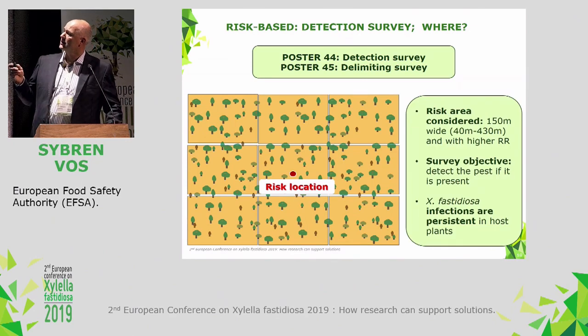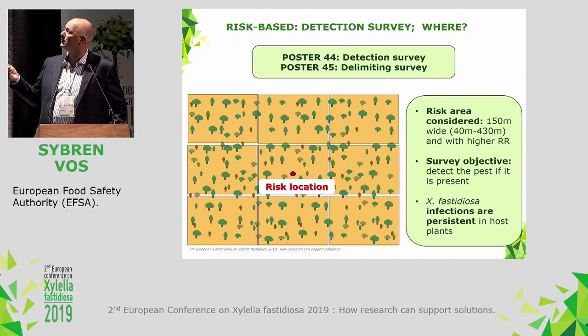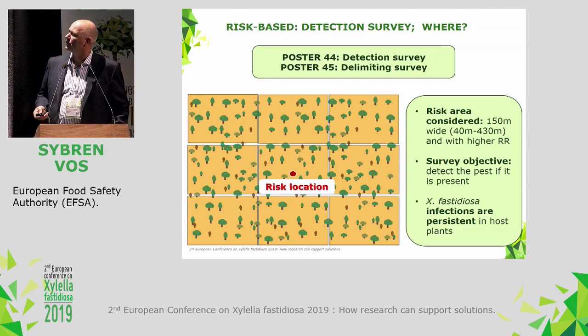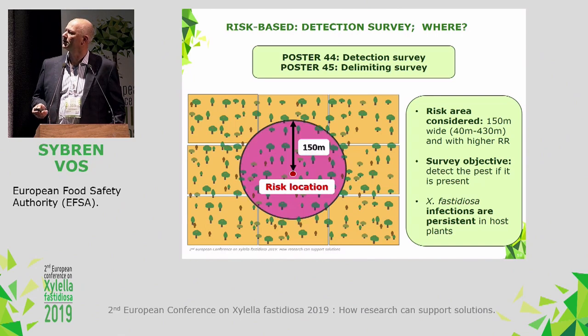Around this risk location, we have to define the risk area. The risk area we can consider for a detection survey is 150 meters, because that would be the median, according to the PRA, fitted to the Apulian data. The idea being to detect the pest, if it is present, 150 meters being the median is sufficient because the infections are persistent in the host. Once we have found it, the situation will be different.